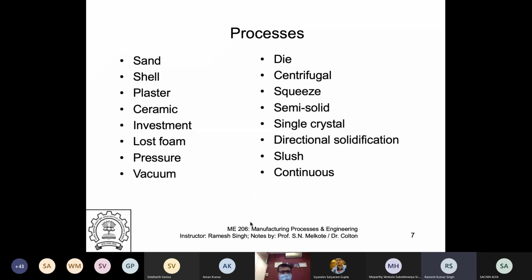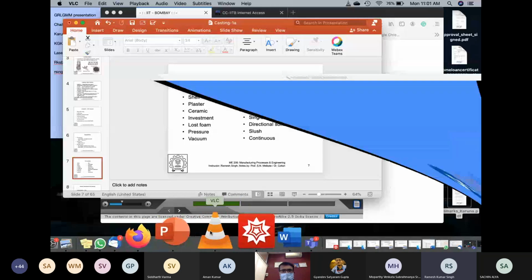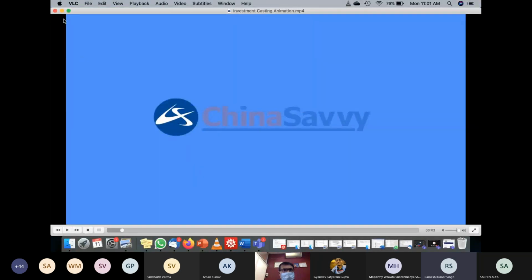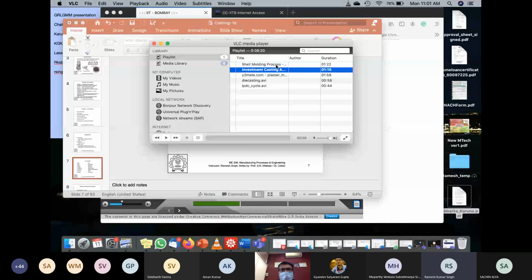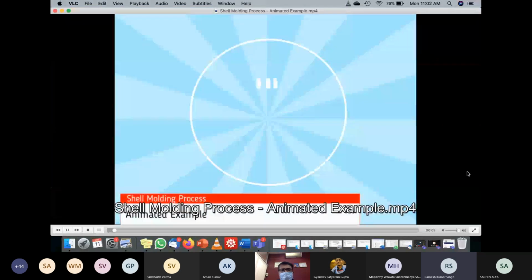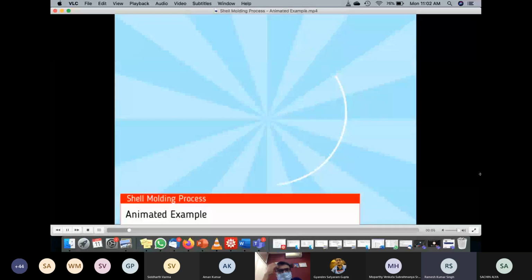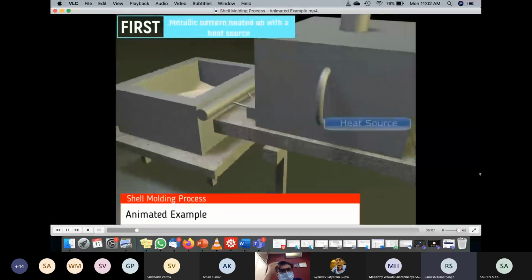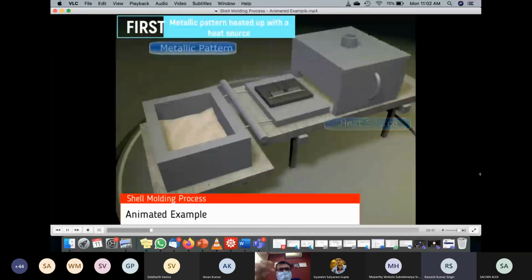Let me just go ahead and show you the shell again. So basically, it takes a metal shape, whatever you want to create, a metallic pattern.